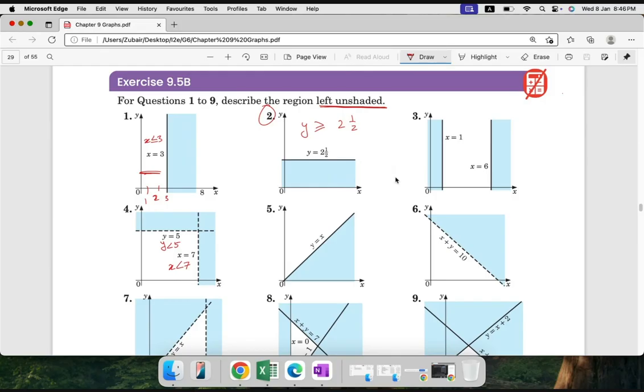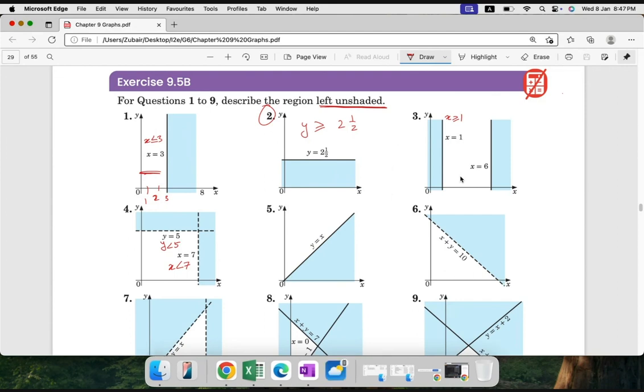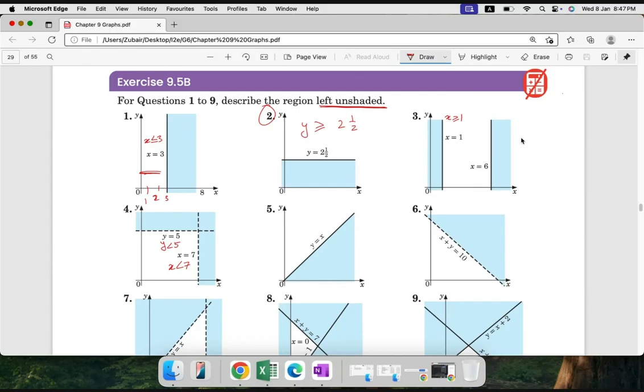X is greater than or equal to 1. And the next one, 6. See this unshaded region, which is left unshaded.